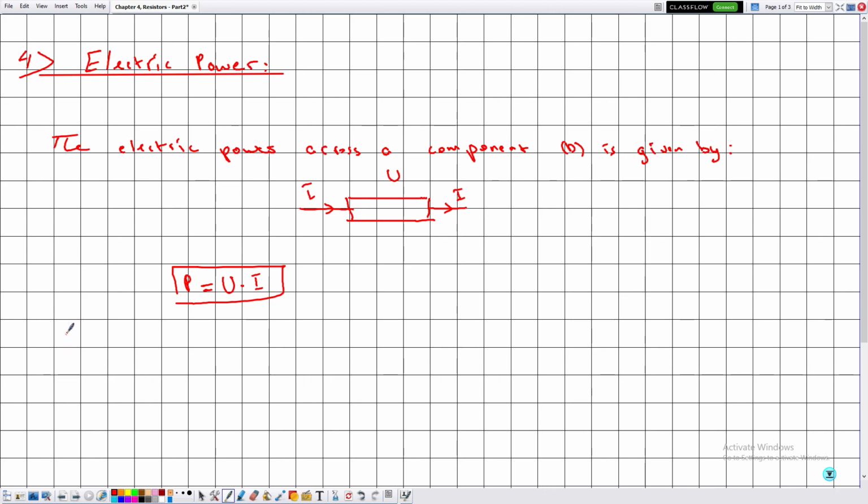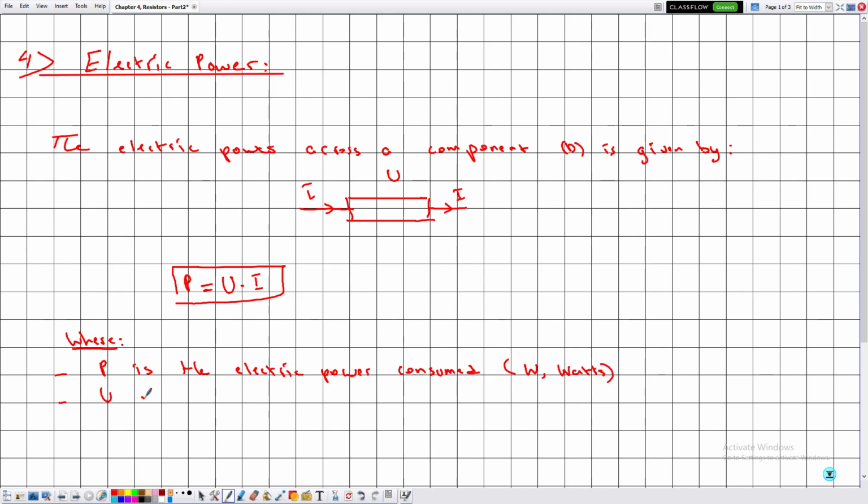So let me say where P is the electric power consumed, its SI unit is given by capital W, which stands for watts.